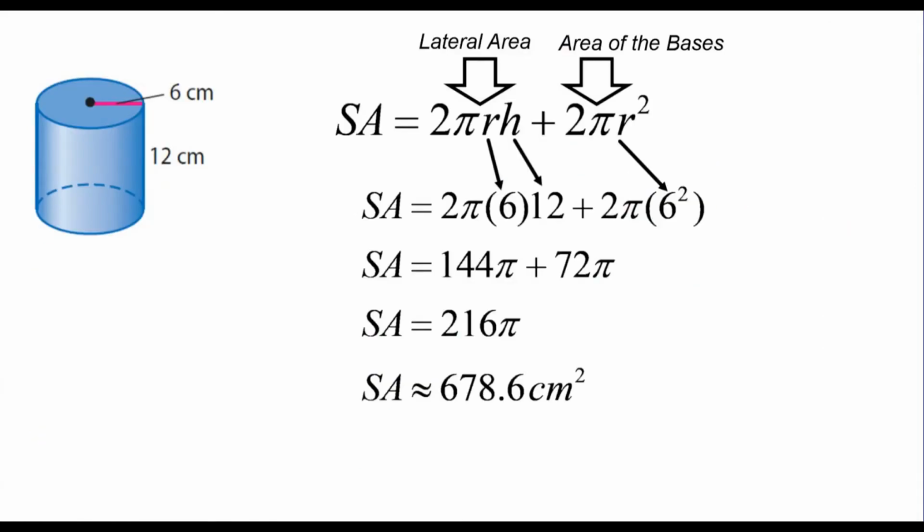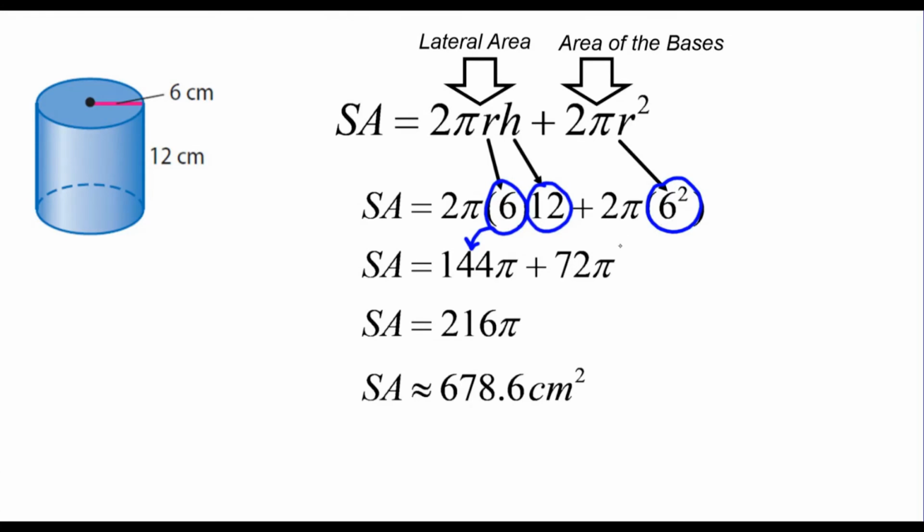So here's an example of a cylinder that I already have worked out. We're going to find the surface area of this. Again, the lateral area is 2 pi rh. Our radius is 6, and the height of the cylinder is 12, so 2 pi times 6 times 12. And then, of course, the radius is 6, so we do 2 pi times 6 squared. As always, I'm not going to calculate with pi until the very end, so I do 2 times 6 times 12, and that gives me 144.